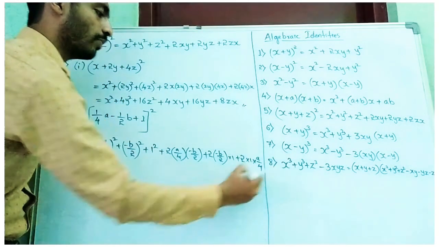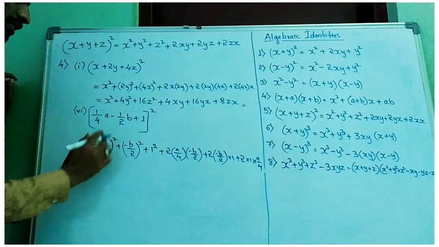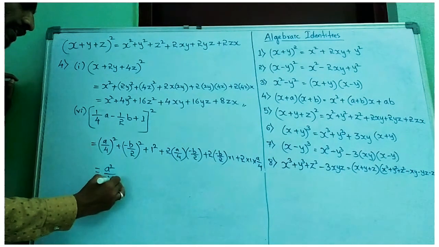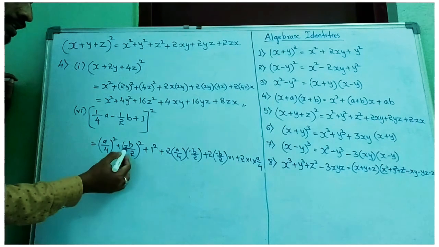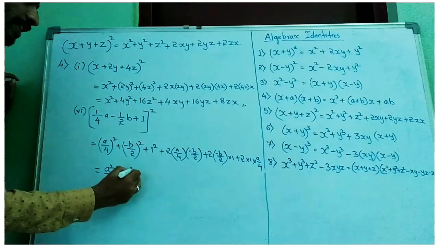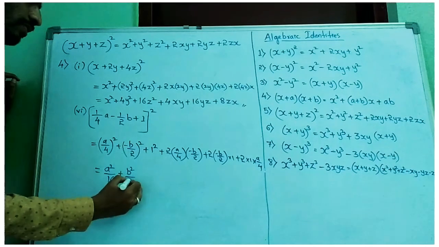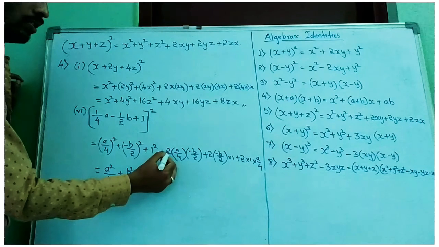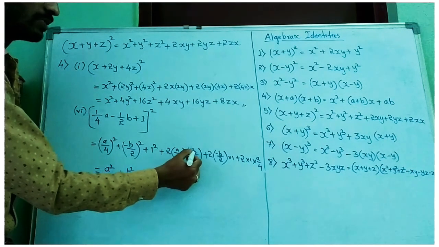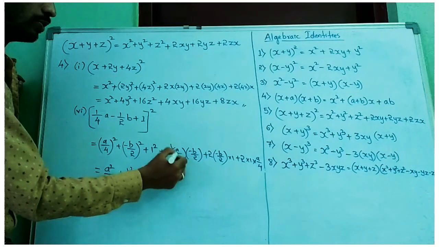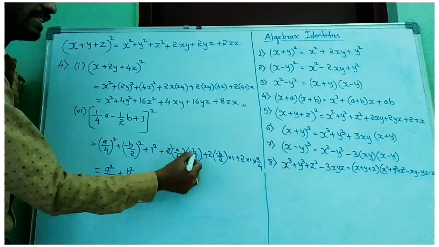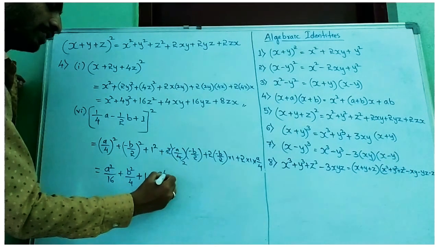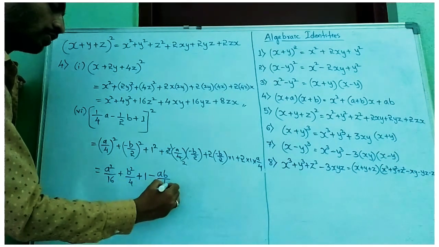Okay, so a by 4 whole square means a square by 4 4s are 16, plus minus b whole square is b square and 2 square is 4, plus 1 square is 1, and here 2 into a by 4 minus b by 2 is there, so you can cancel 2, plus into minus, minus, ab divided by 2 2s are 4.